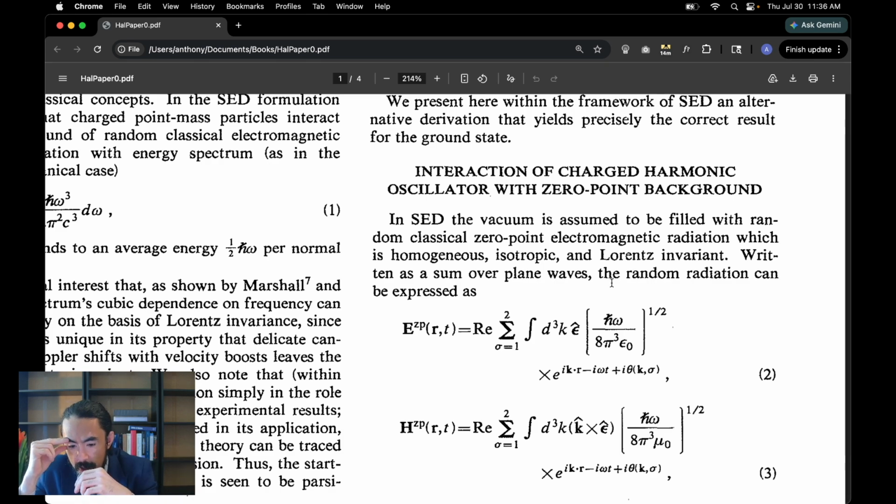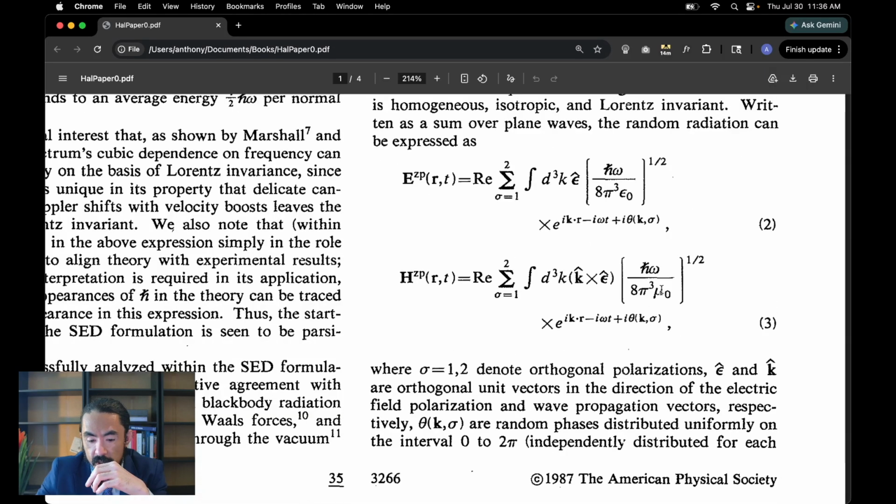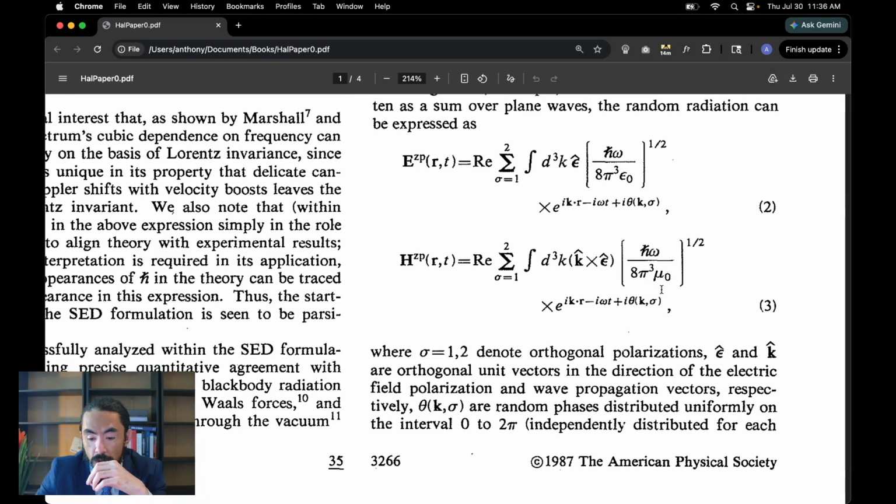So in these relations, obviously epsilon naught and mu naught are the permittivity of free space for the electric and magnetic fields respectively. And let's just keep going. Let's not dwell on these too long here. Where sigma being equal to 1 or 2 denote orthogonal polarizations, the vectors epsilon hat and k hat are orthogonal unit vectors in the direction of the electric field polarization and wave propagation vectors respectively.